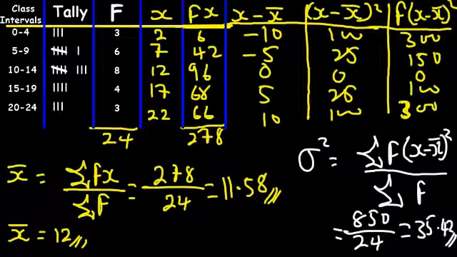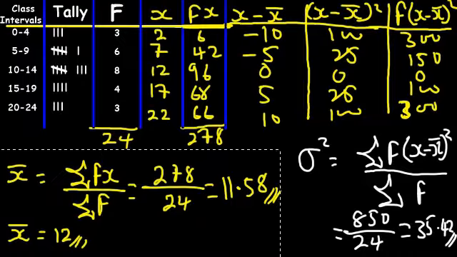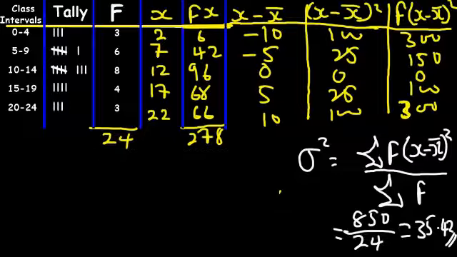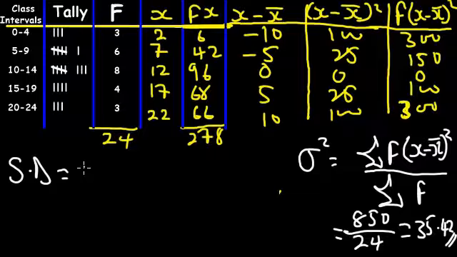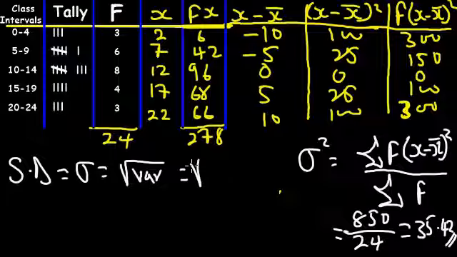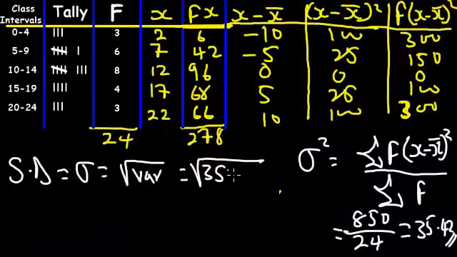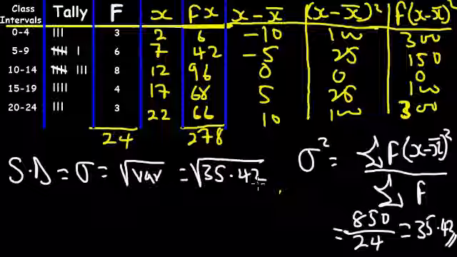Now that we have the population variance, it's easy for us to find the population standard deviation. So SD or sigma is equal to the square root of the variance, or of sigma squared. That's simply the square root of 35.42.